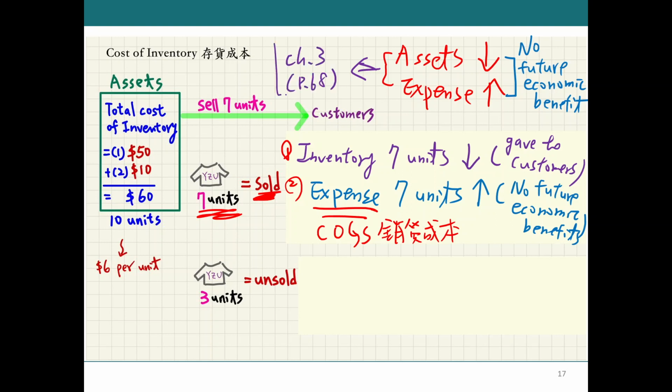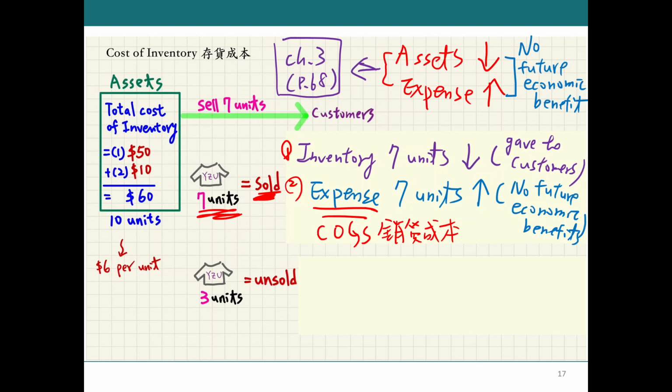Okay? So that's how we defined cost of goods sold. What does it mean? It was our inventory at the beginning, but right now when we sold to customers, we don't have future economic benefit anymore. So they become our expense.